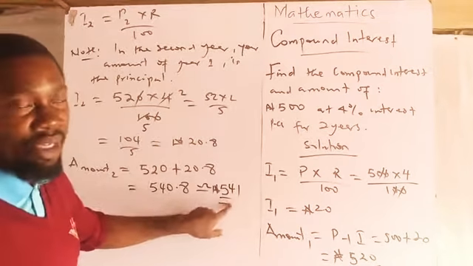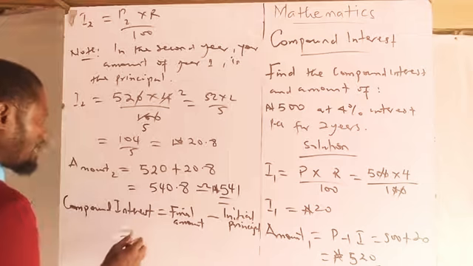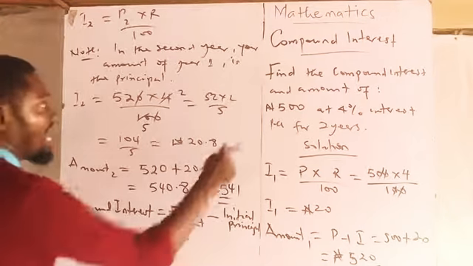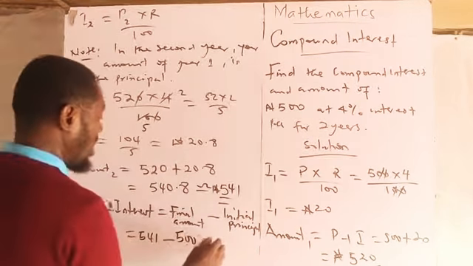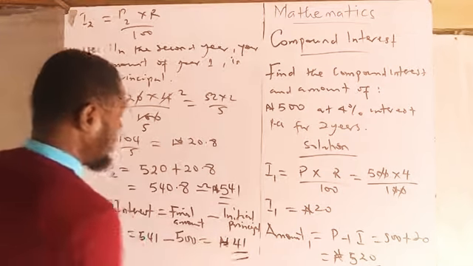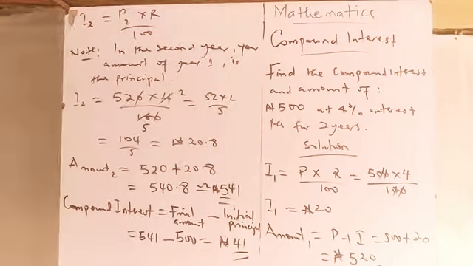Or let me use the word first principal, so I don't get confused. Let me just stop at the initial principal, that will help you understand better. That will be 541 minus 500. So our compound interest is 41 naira.